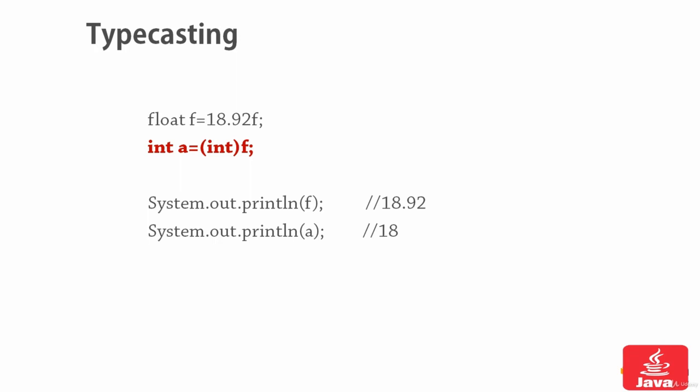We have to define a new variable with this different data type, say integer a, and assign it with the int typecast of the f variable. So it will be displayed as here. System out println would be used to display the variable value on the screen. So the first line will display 18.92, the value of f, which is float, and then the second line will display a, which is 18 on the screen, the integer part, not the decimal part.